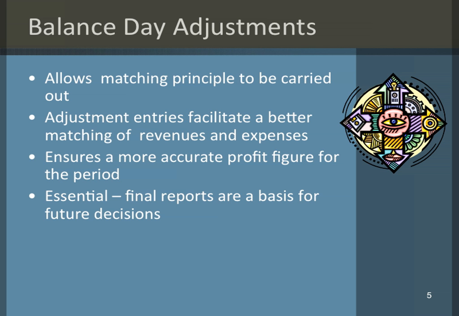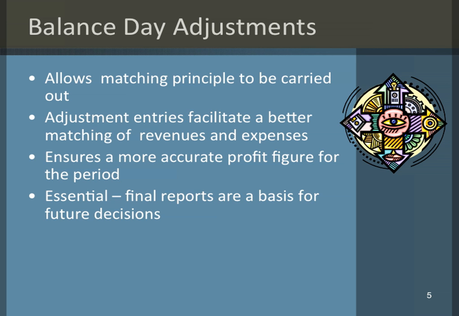So it's essential that we apply this, because if we can't be satisfied that our profit has been calculated accurately, then all future decision making will be compromised, because it's on the basis of that income statement and that balance sheet. What does that income statement tell us about our business? What does that balance sheet tell us about our business? It tells us how we've performed in the past, and it informs our future decisions.